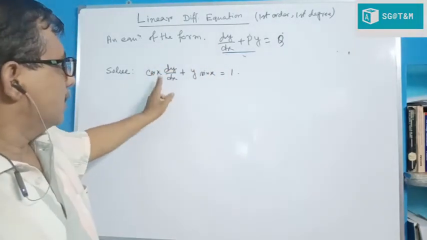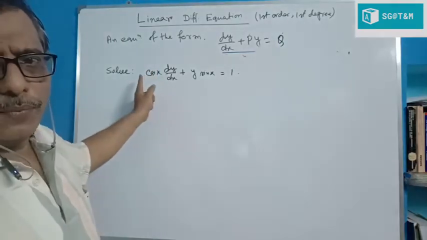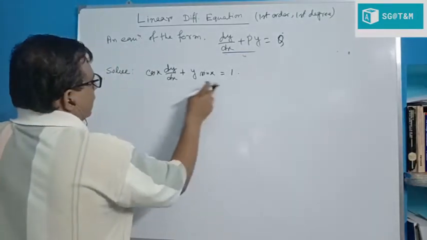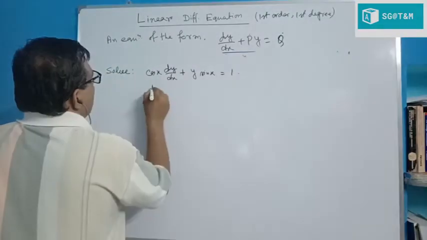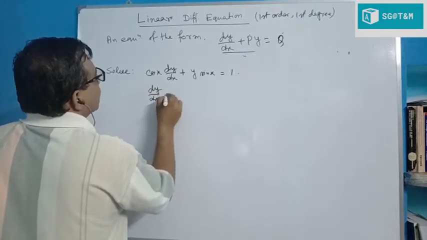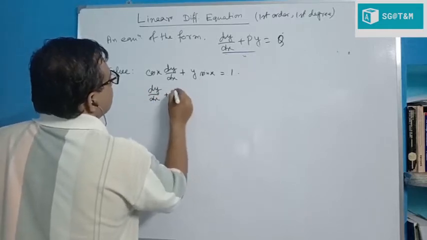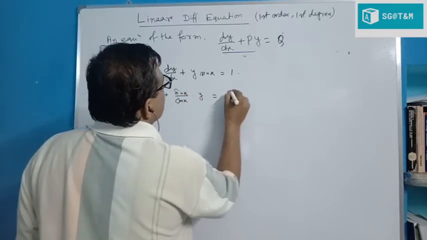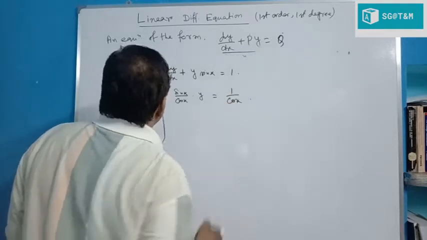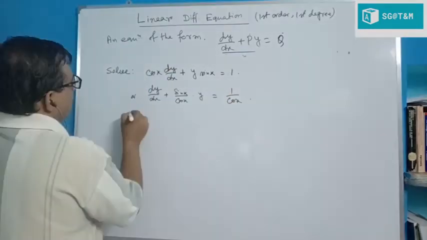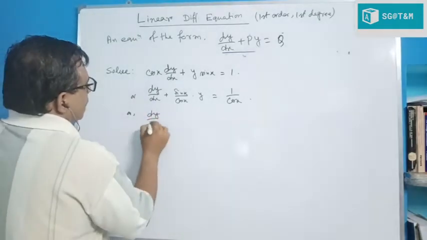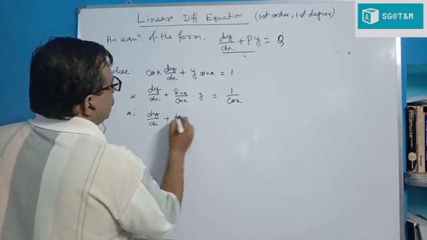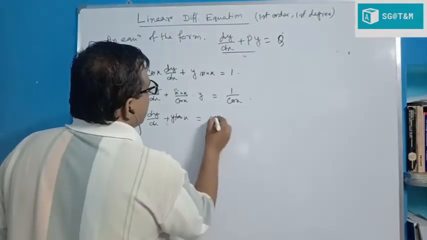So we convert it by dividing both sides by cos x. Then we can write dy/dx + (sin x / cos x) y = 1 / cos x, that is, dy/dx + tan x y = sec x.